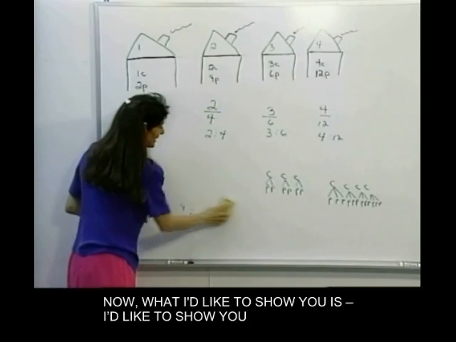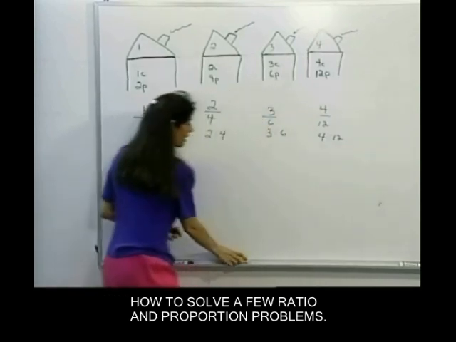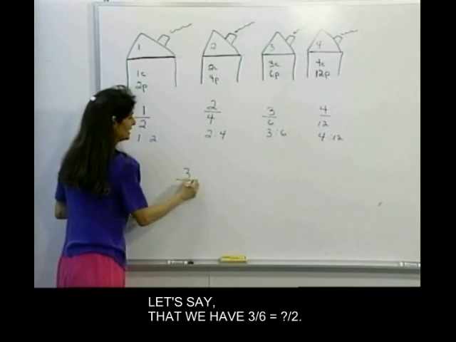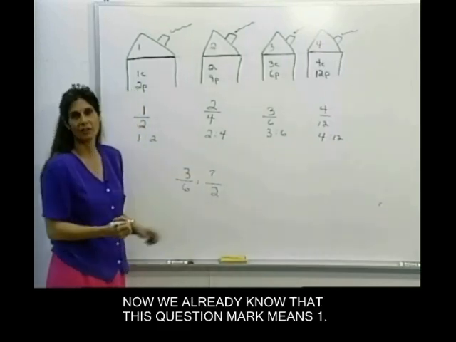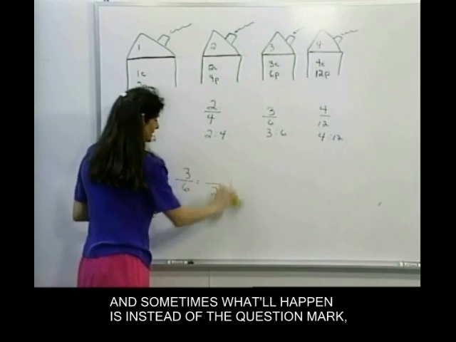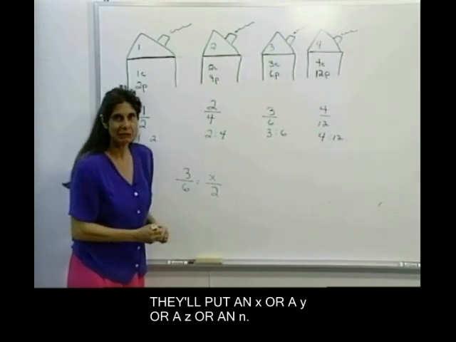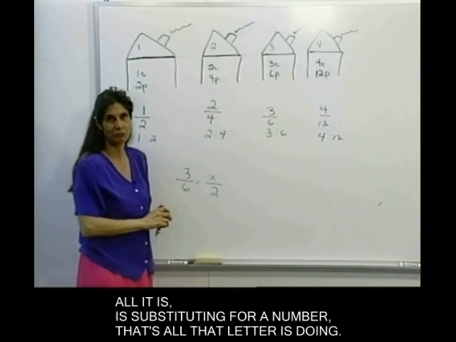Now, I'd like to show you how to solve a few ratio and proportion problems. Let's say that we have 3 is to 6 as question mark is to 2. Now, we already know that that question mark means 1. Sometimes instead of a question mark, they'll put an X or a Y or a Z or an N. Don't get nervous. All it is doing is substituting for a number.